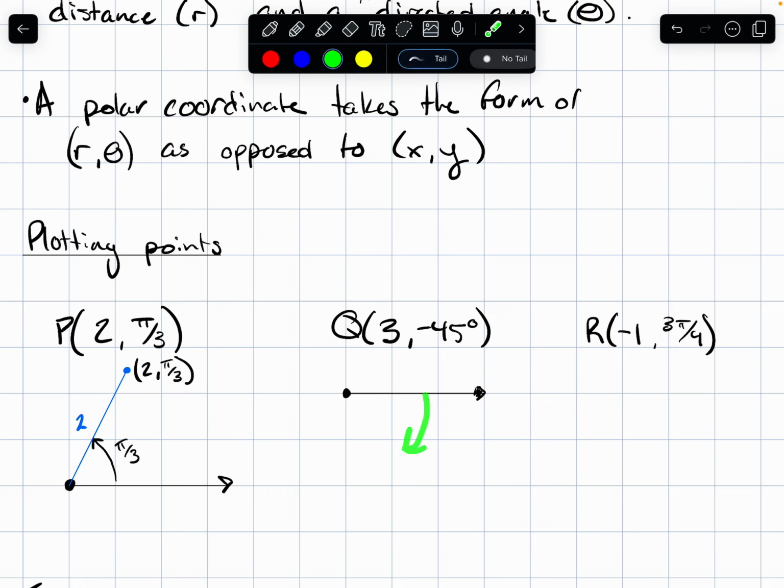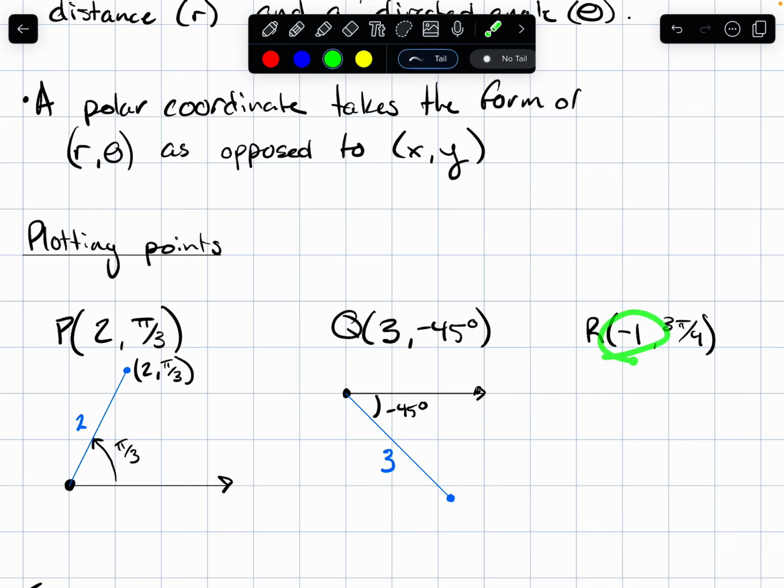We know 45 degrees makes an angle kind of like this. Let's do it in the blue so it's consistent. Like this. So that is of length, we'll label it 3, and this is negative 45 degrees.